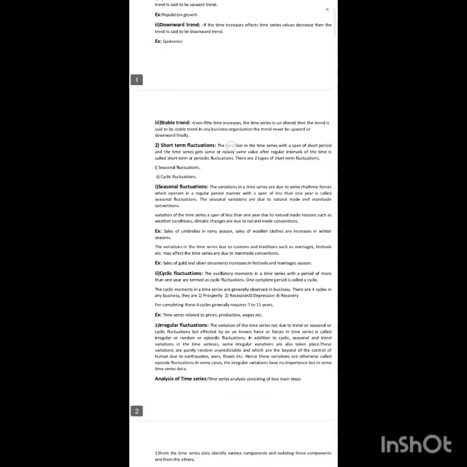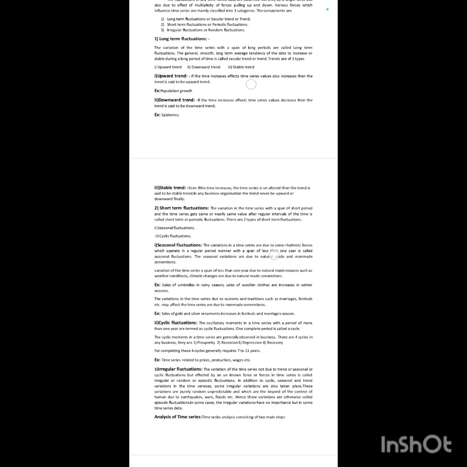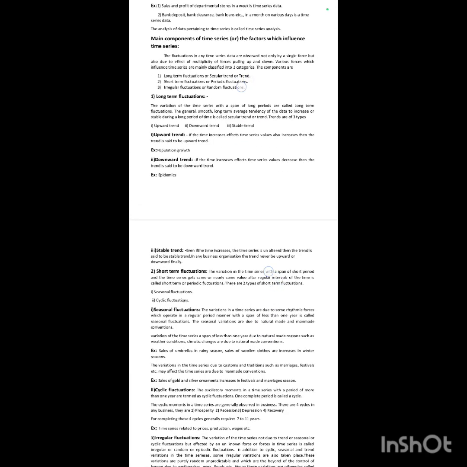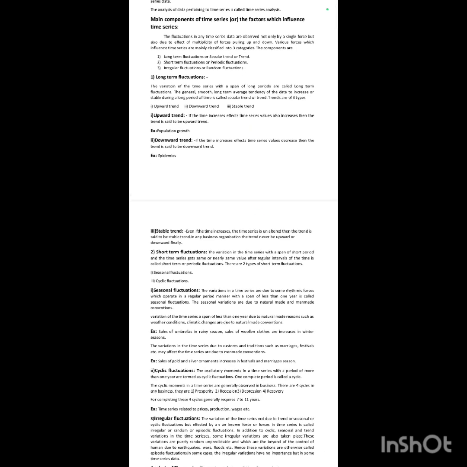So these are the four components. These components are very important to understand in our time series data. Time series calculations are very easy to understand if you understand their factors.